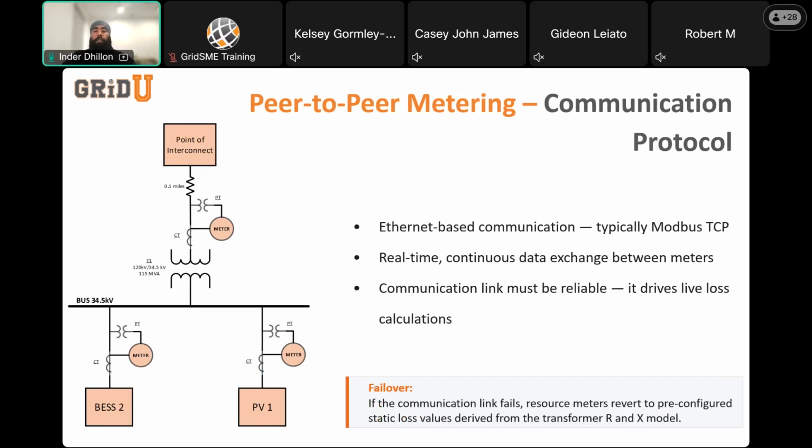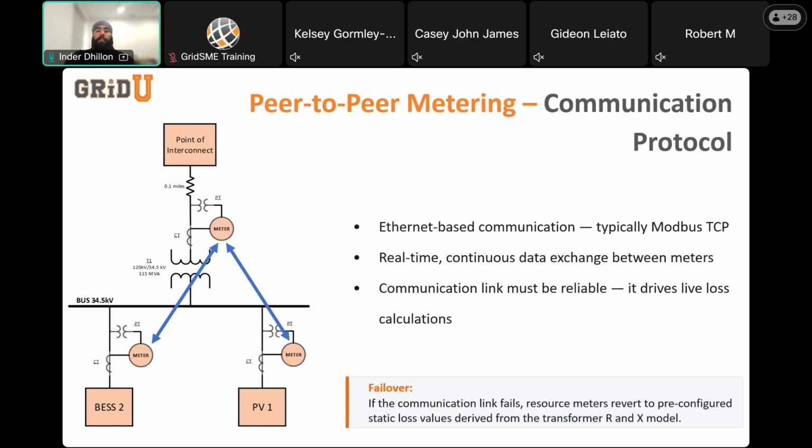So for peer-to-peer metering to work, all of these meters need to communicate continuously. This is typically done over Ethernet using Modbus TCP. The meters are connected on a dedicated isolated LAN, typically via a managed Ethernet switch, and static IP addresses are assigned to each device.